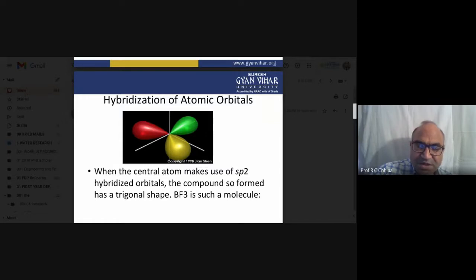So in sp2 hybridization the shape is trigonal, with a bond angle of 120 degrees. The three hybrid orbitals sp2 first, second, and third form the compound boron trifluoride.